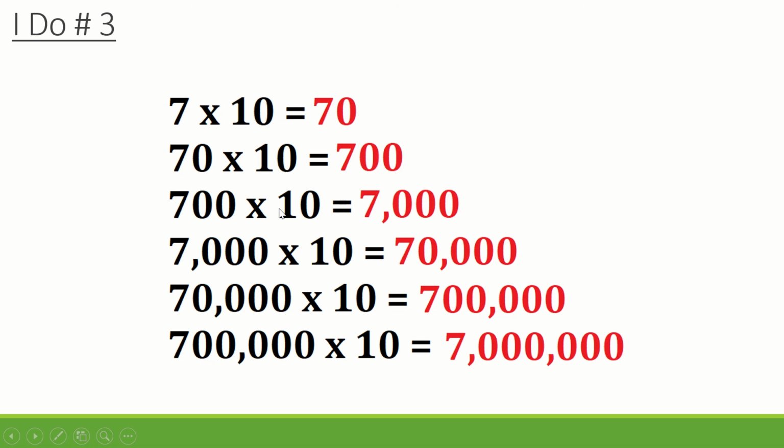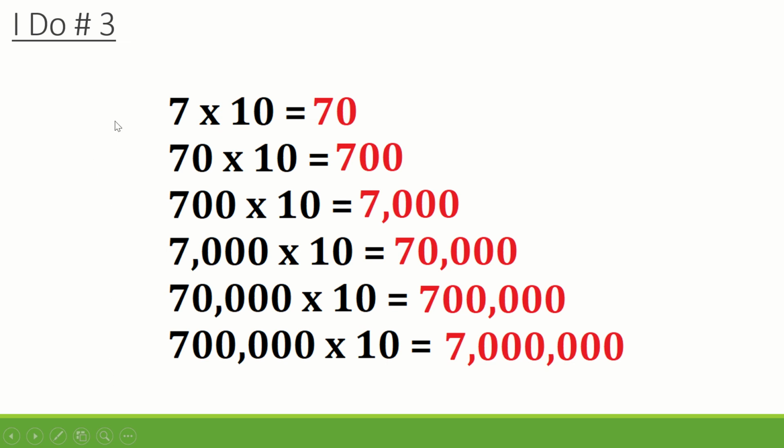Here I have 3 zeros, so I have 3 zeros here. 4 zeros within my factors, 4 zeros within my product. 5 zeros within my factors, 5 zeros within my product. Here I have 6 zeros within my factors, and I have 6 zeros within my product. So that is one interesting observation that I can note.